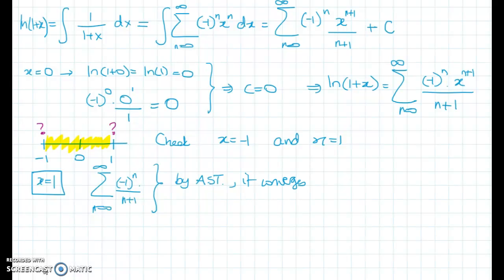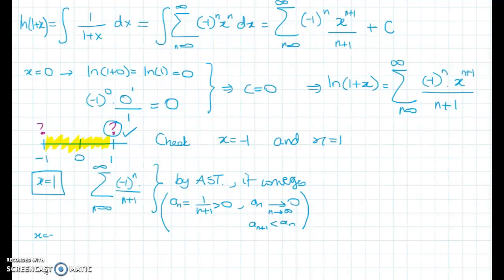Let's see what we need to check. a_n will be 1 over n plus 1, which is always positive. The a_n's approach 0 as n approaches infinity, and they are decreasing because n plus 1 is increasing. And so here are the conditions for the alternating series test. So at the point x equals 1, it converges. Now we need to check when x is equal to -1.